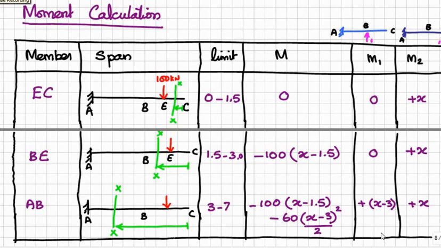Therefore plus x minus 3, plus 1 into this distance. From C to the section is x, from C to B is 3 meter. Therefore B to the section along the x axis is x minus 3. So plus 1 into x minus 3.